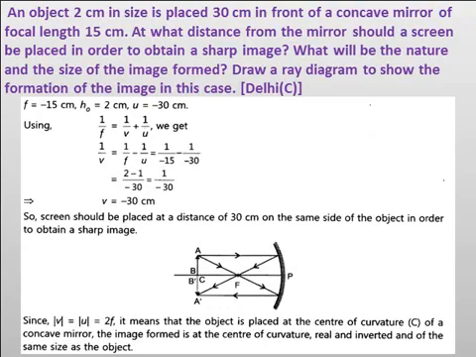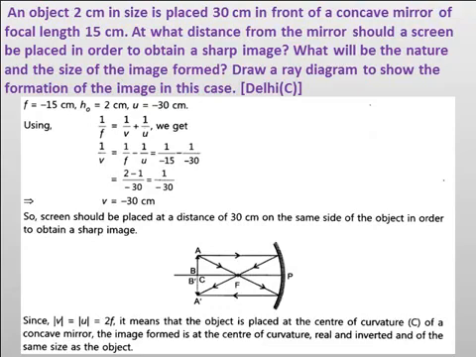What will be the nature and size of the image formed? Draw a ray diagram to show the formation of this image in this case. So it is one of the board questions which was asked in the Delhi region. Children, when you analyze this problem, though it seems to be lengthy, when you look at the concepts behind it, it is very, very simple.